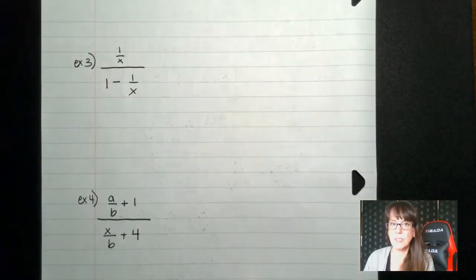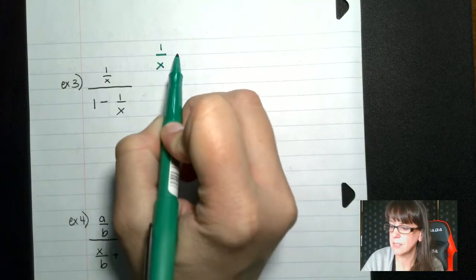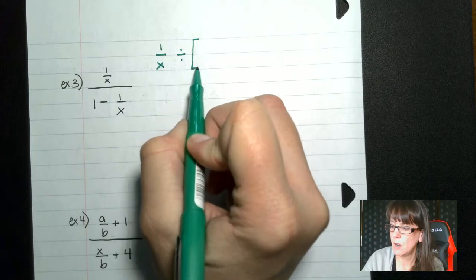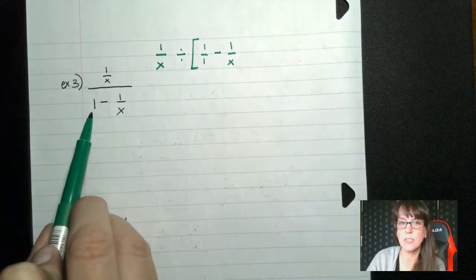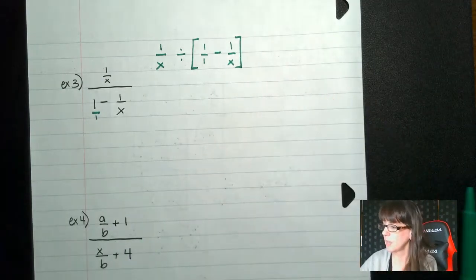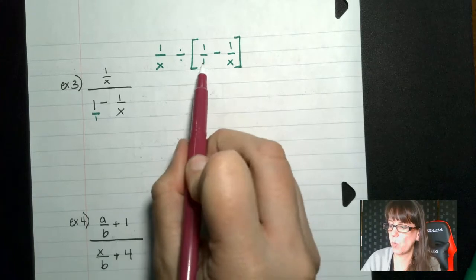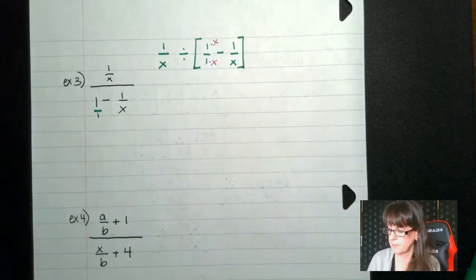Okay, so let's take a look at example 3. For this guy, we have the same idea. We have 1 over x divided by 1 over 1 minus 1 over x. Again, I turned this into a fraction by putting it over 1 just so that I knew I needed a common denominator. My common denominator here is 1 times x, or just x. So multiply that by x, multiply that by x.